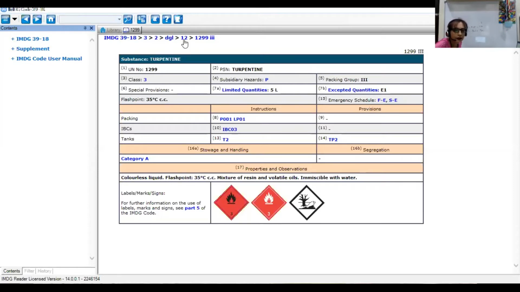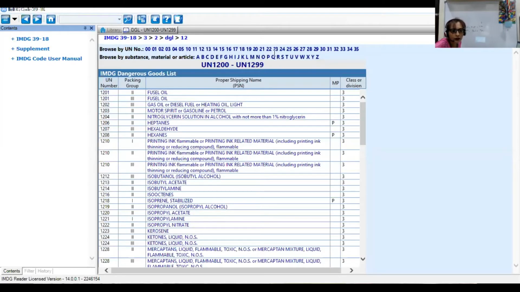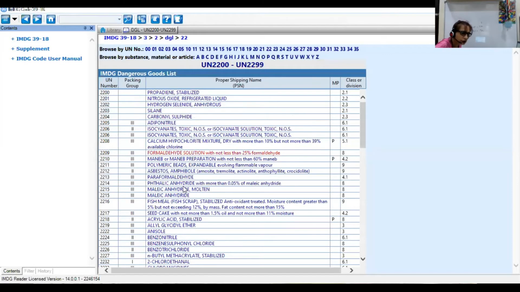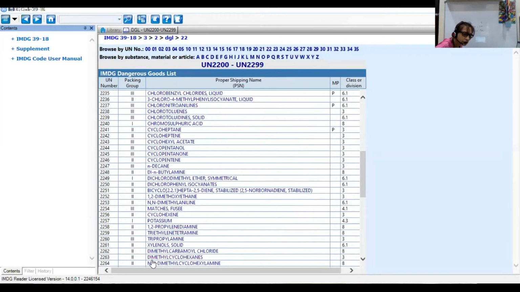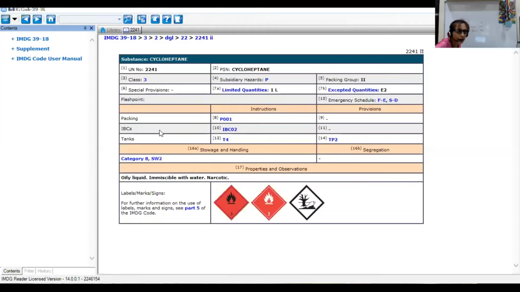Let's go to 2241. There you go. And 2241 happens to be a PG2. Correct? 2241 PG2, also P001. And I'm not done.